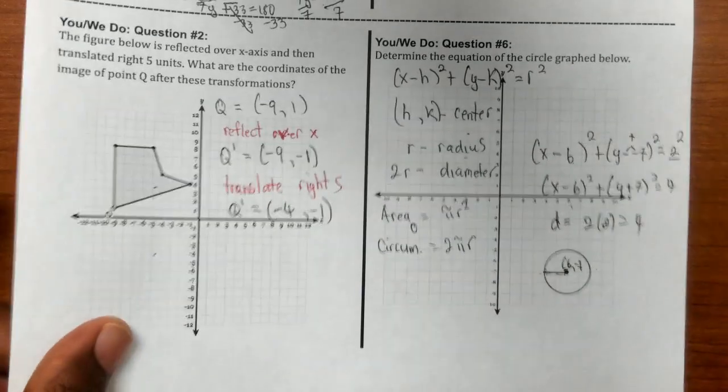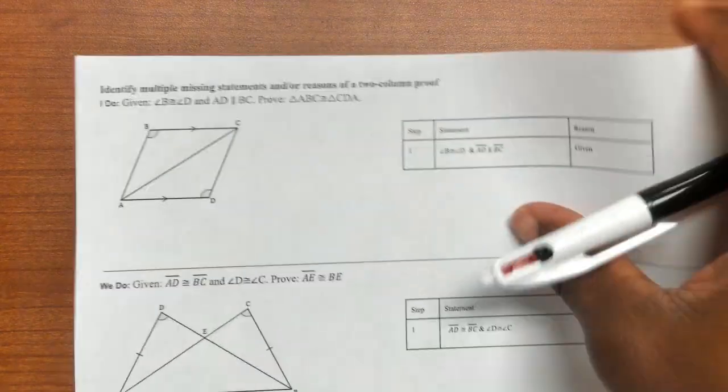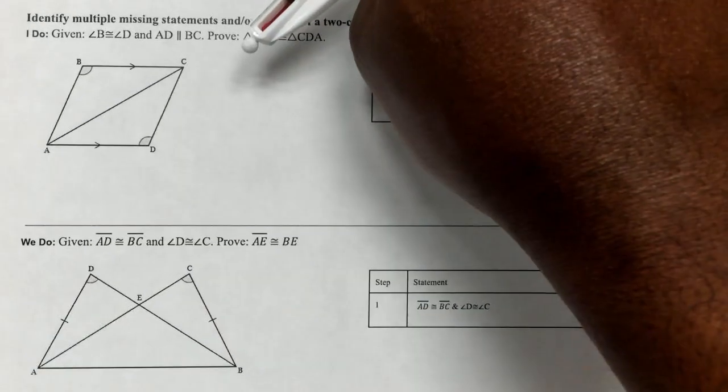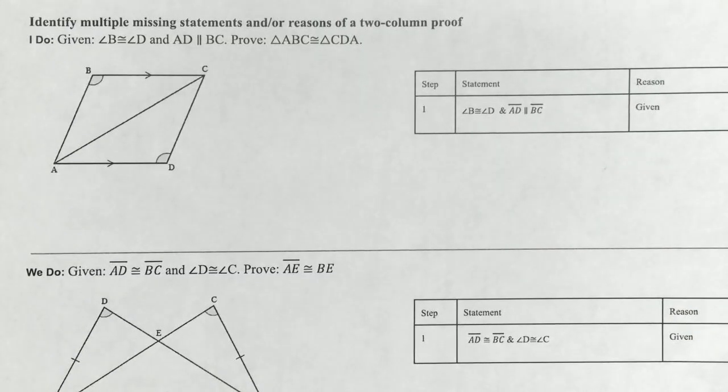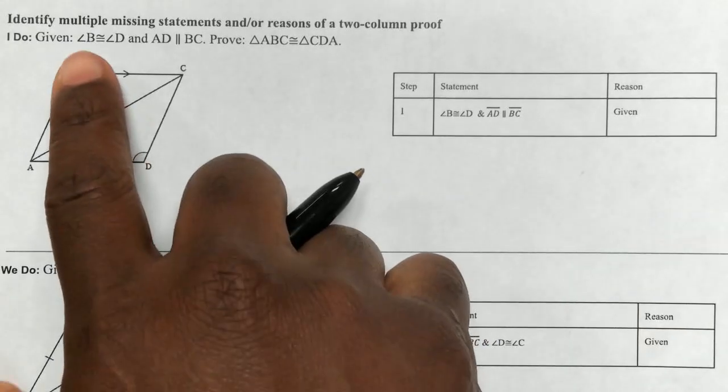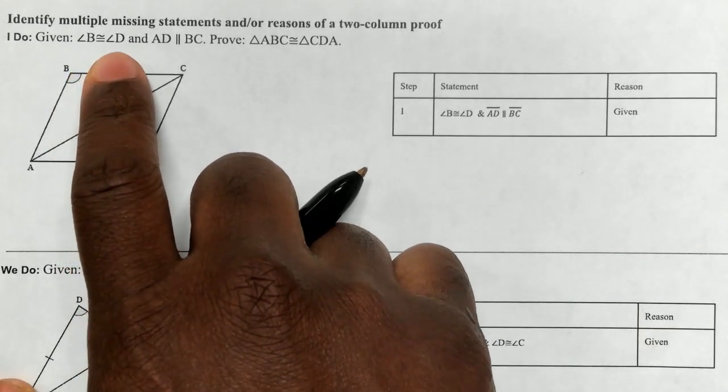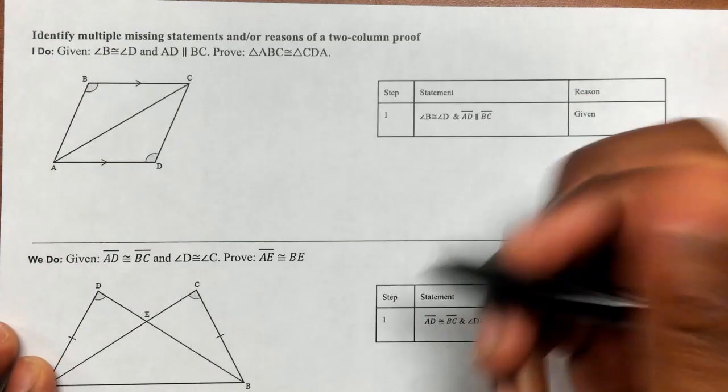So let's try the actual lesson. The actual lesson has us doing proofs. People don't really love proofs, so let's try to make it as easy as possible. It says identify multiple missing steps and or reasons for the two-column proof. We're given that angle B is equivalent to angle D, and it actually marked that for us.